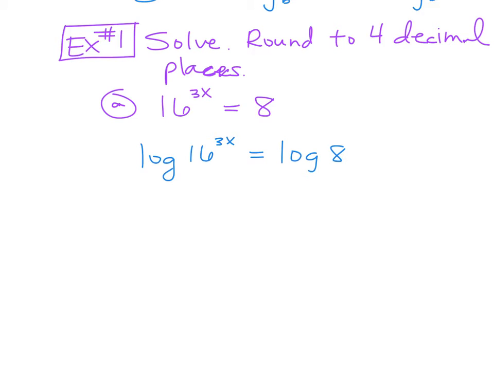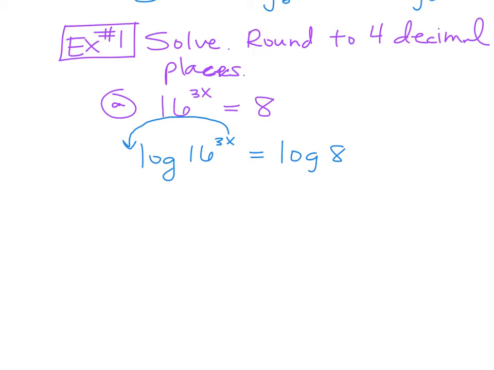Step 3, we need to use our property, which is going to do what? Right, so we're going to take the exponent and move it out front. We're going to take this 3x and move it over here.